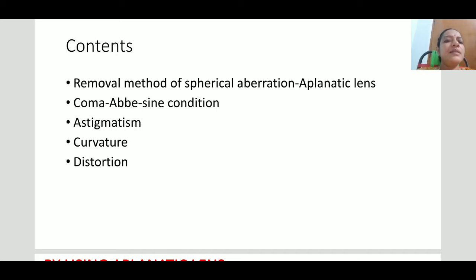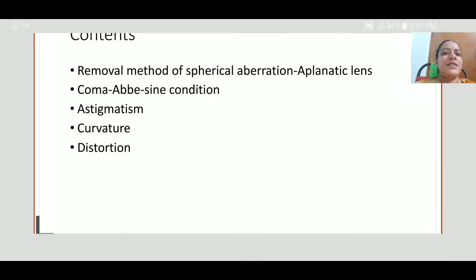Another method to remove this spherical aberration is by using an aplanatic lens. So that is a continuation of yesterday's class. First, we discuss the removal method of spherical aberration by using an aplanatic lens.